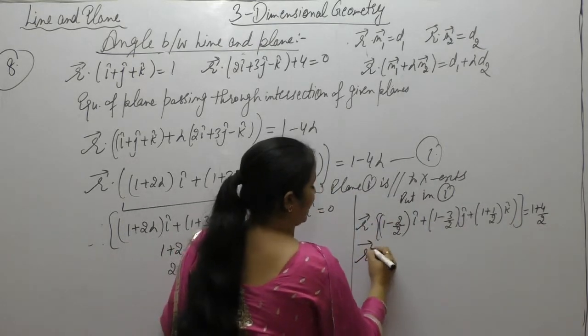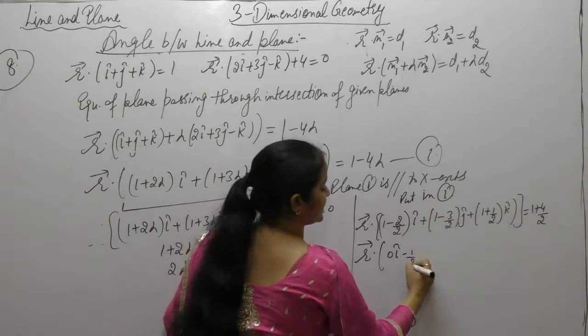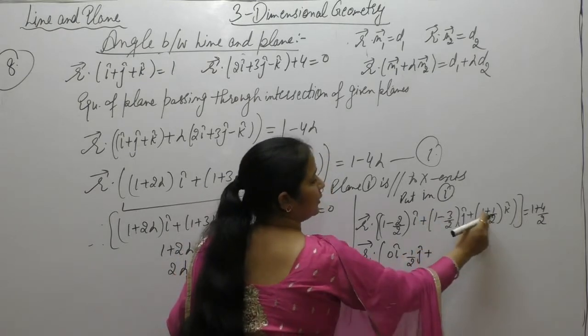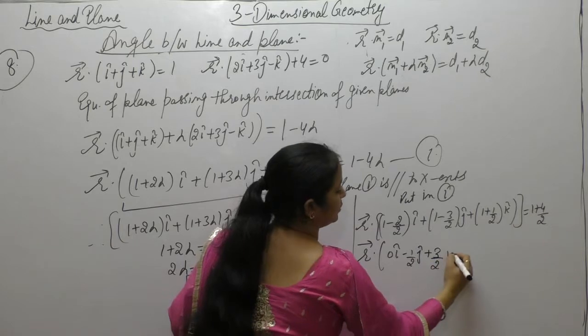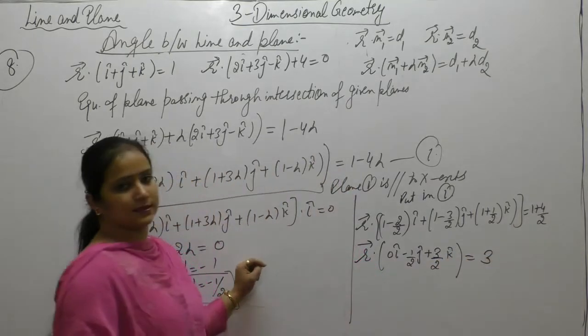So what we get? R dot 0i, 2 minus 3, minus 1 by 2 j, 2 plus 1, 3 by 2 k, equals 1 plus 2, that is 3.